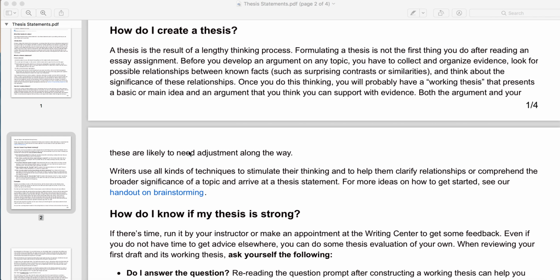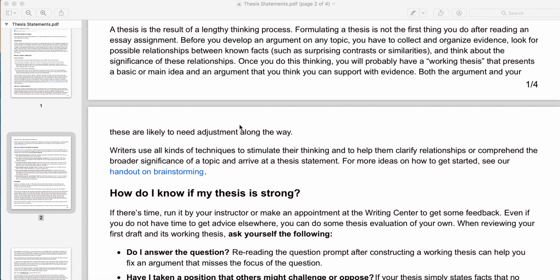Maybe it'll still retain most of its elements, but you might change some things depending on what you find in your research. So you have to collect some evidence, and then you formulate your thesis statement.